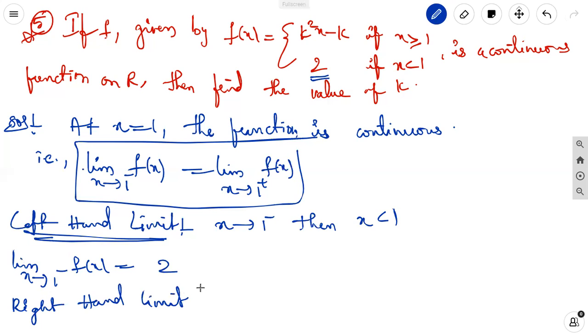At x tends to 1 plus, the x value is greater than 1.